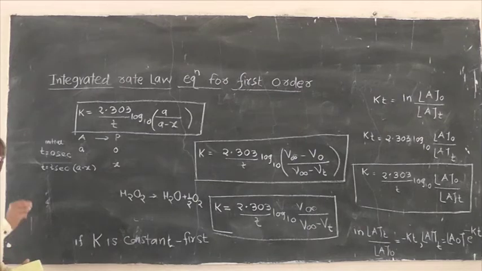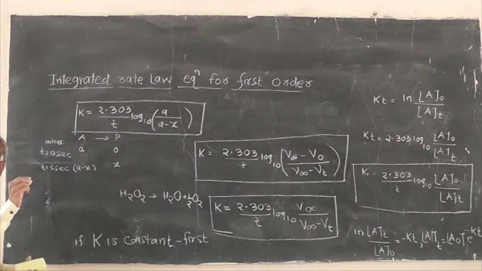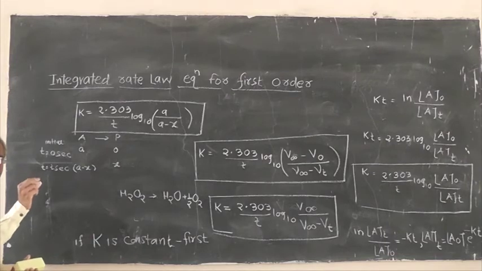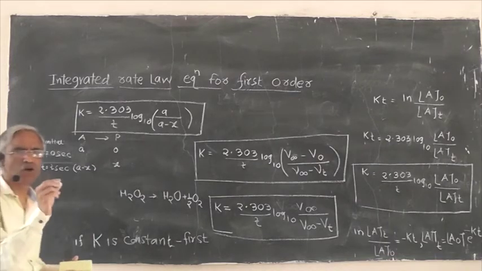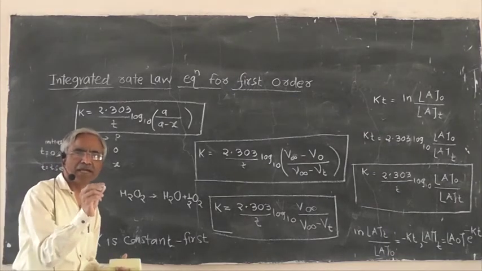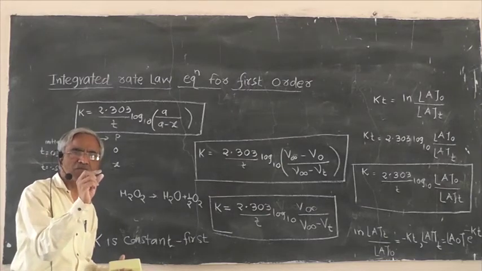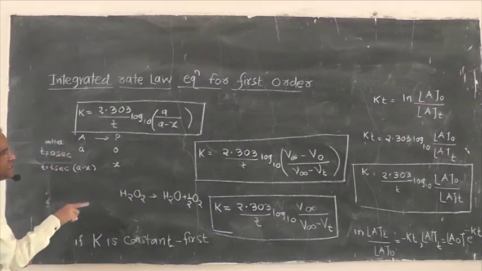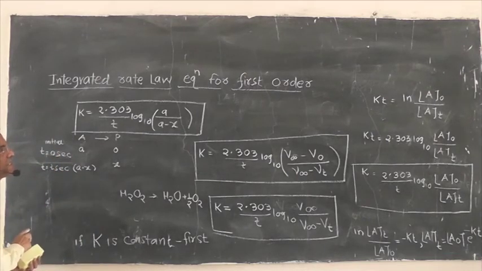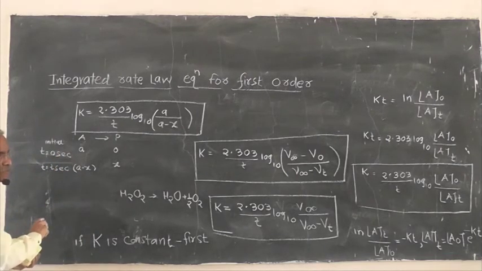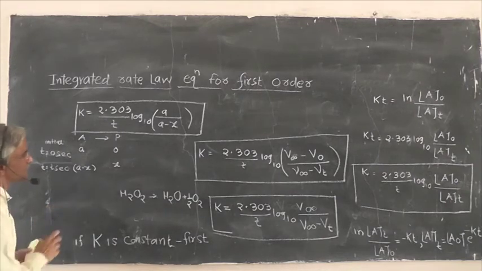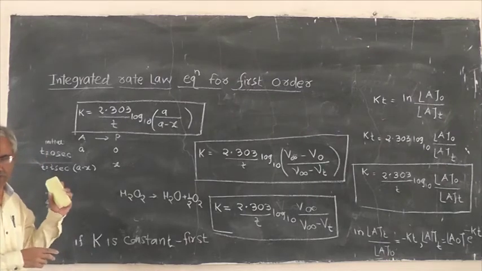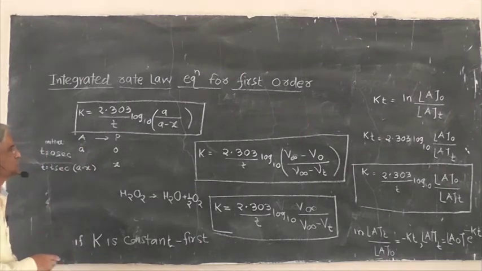Now we have seen the first method of determining the order by experiment. Experimentally, we perform the experiment and then we write the order of the reaction depending upon the slowest step of the mechanism. The second method is the integrated rate law equation for first order reaction. I have put all the advantages of these equations also.